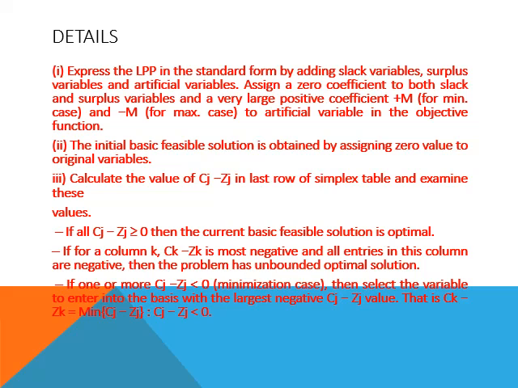Then we are going to calculate the value of Cj minus Zj in the last row, the row of the objective function, and examine it. Let us state this case.